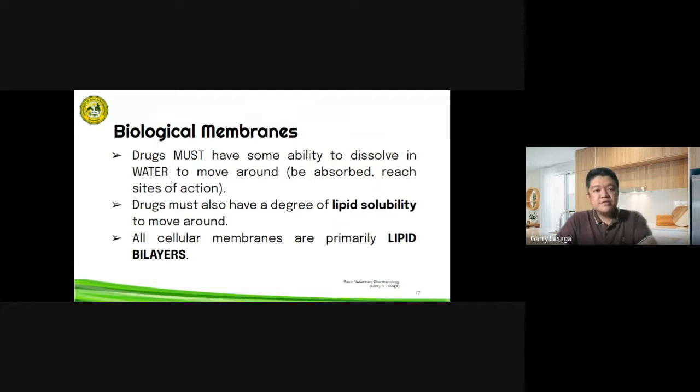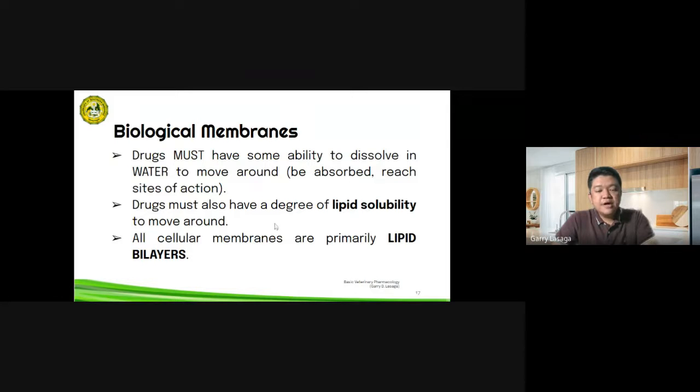It is said that drugs must have some ability to dissolve in water to move around, be absorbed, and reach the site of action. This means that for a drug to reach its site of action or target tissue, it must have a certain ability to dissolve in water in order for it to be transported, for example, in the blood.